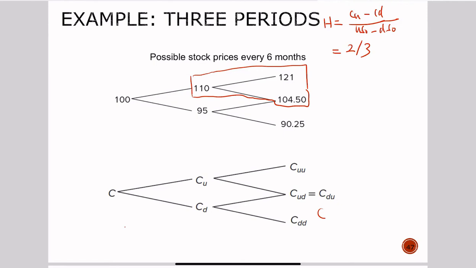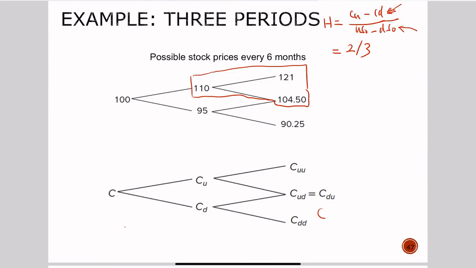And how do you exactly do the hedging here if you know the hedging ratio? Well, you note that the hedge ratio is defined by the change in call value, right? So this is the change in call value, and this is the change in the stock price value.